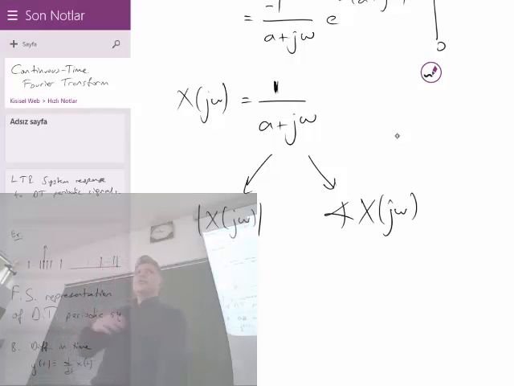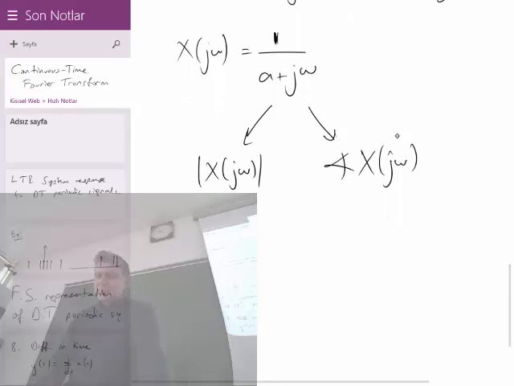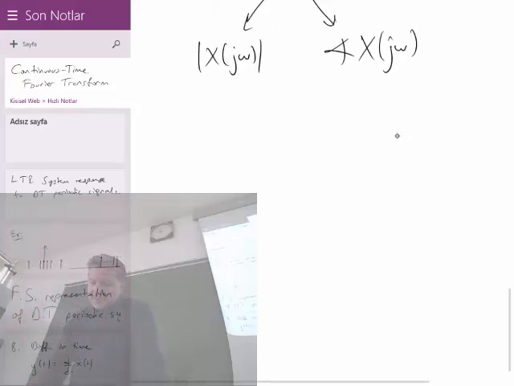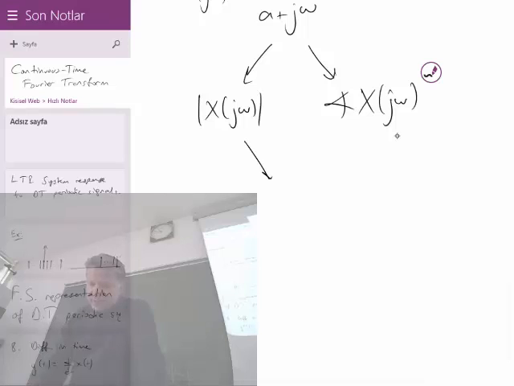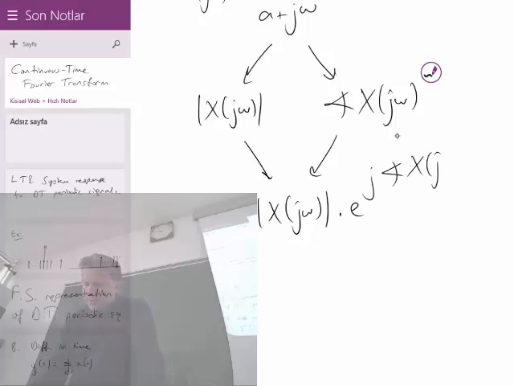It doesn't mean low-pass or high-pass, but let's take a look at the magnitude of this thing. It's a complex number, and it has a magnitude and an angle. So the representation is as follows. When you combine them, it will be the magnitude of X of j omega times e to the j angle of X of j omega. So this is the complex number representation.